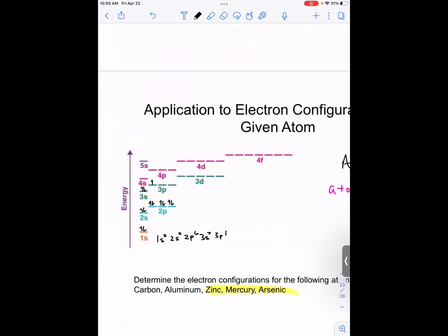Right? Very important. I know it seems mundane, but it's very important because your electron configuration is going to determine how you react. All of your atoms react differently, and the reason is how their electrons are organized around the nucleus. When you understand that part, then you understand why certain things do what they do.